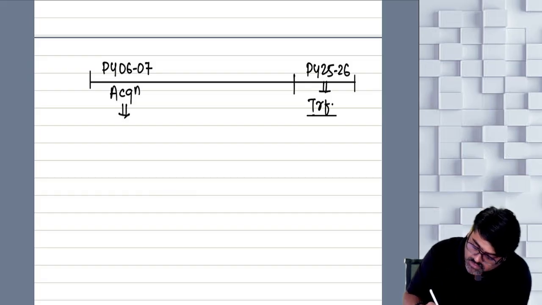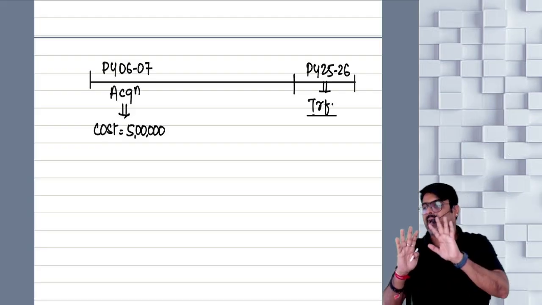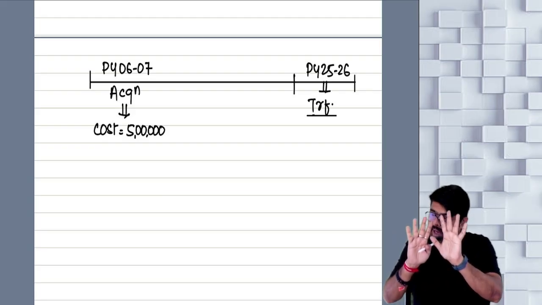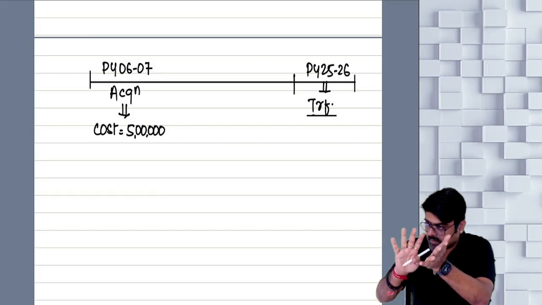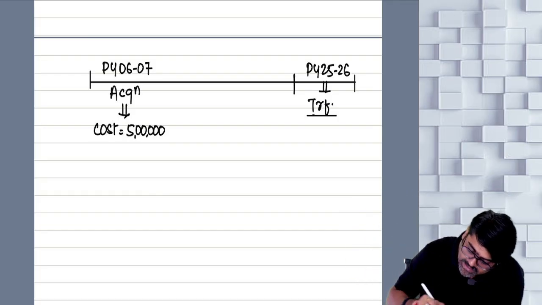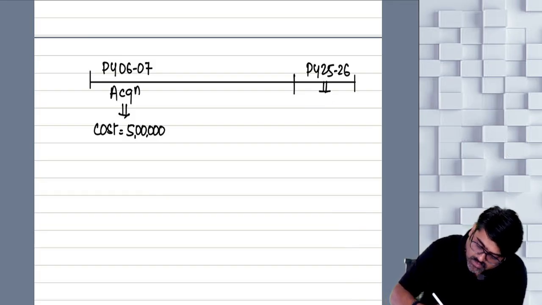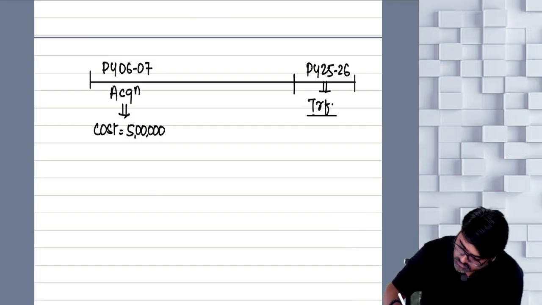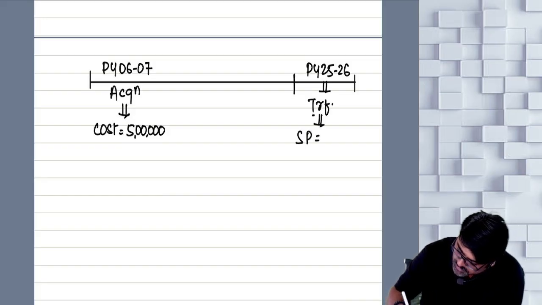In this year I acquired the asset. The cost of the asset was, for example, 5 lakhs. Now this asset, as it is, without any improvement, if I am selling it in the transfer year, I am able to sell it for a selling price of, for example, 40 lakhs.